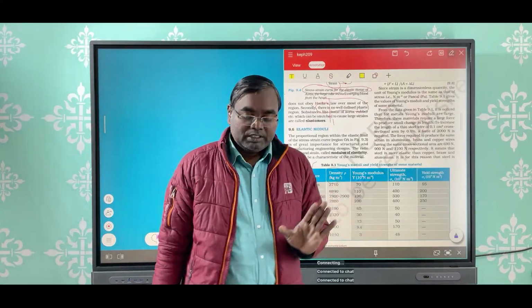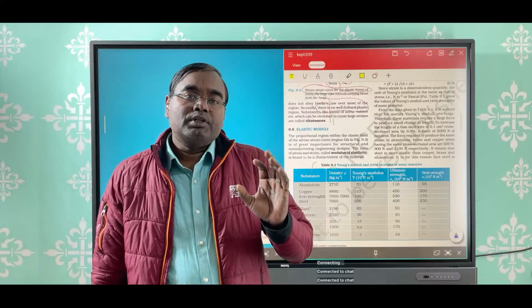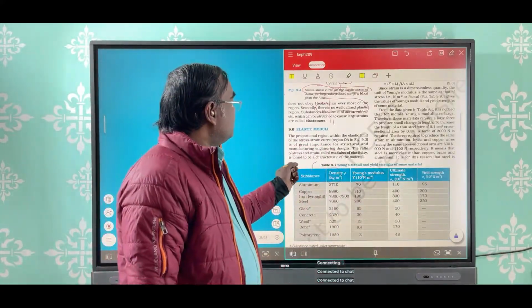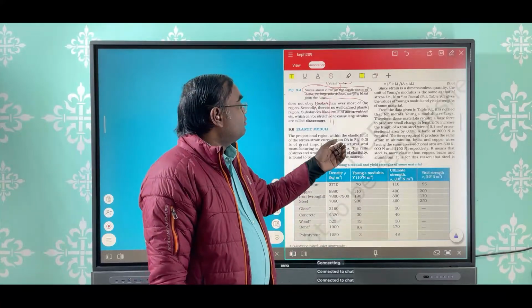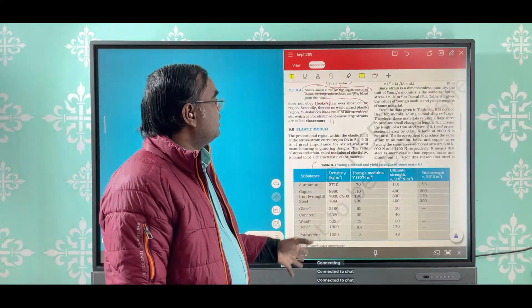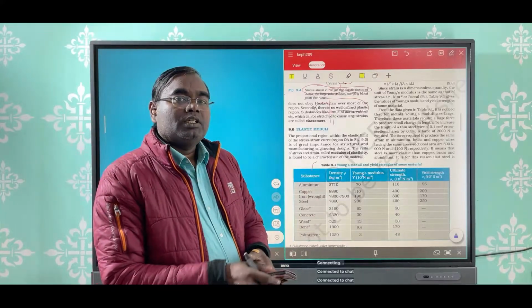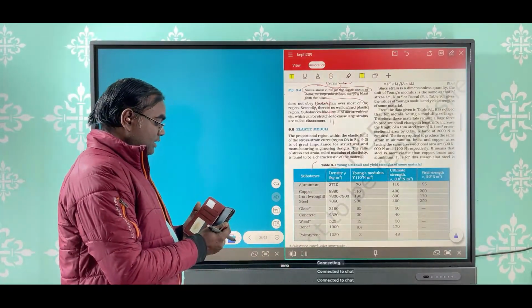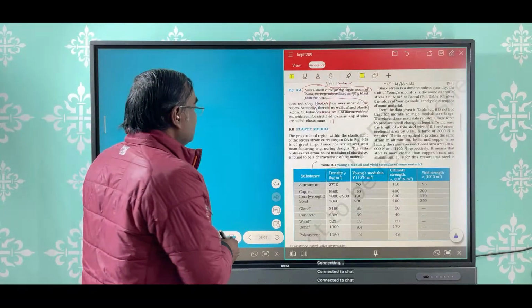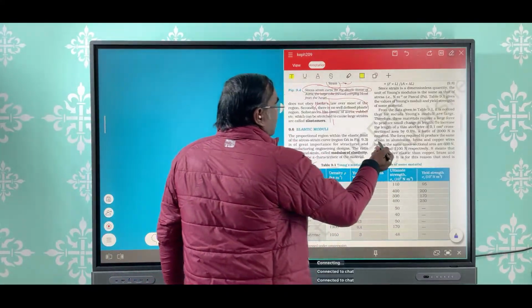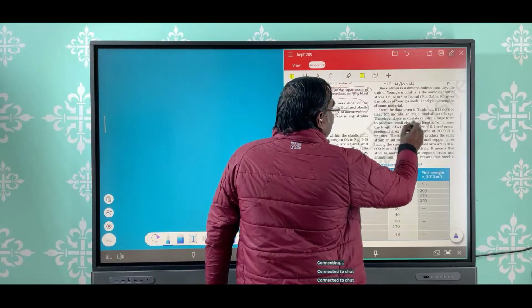You know, in the competitive exams, the examiner used to ask from the tables, from some data. So each and every point of this NCERT should be studied thoroughly. So you should not leave anything without going through. So see, we are going to discuss this.